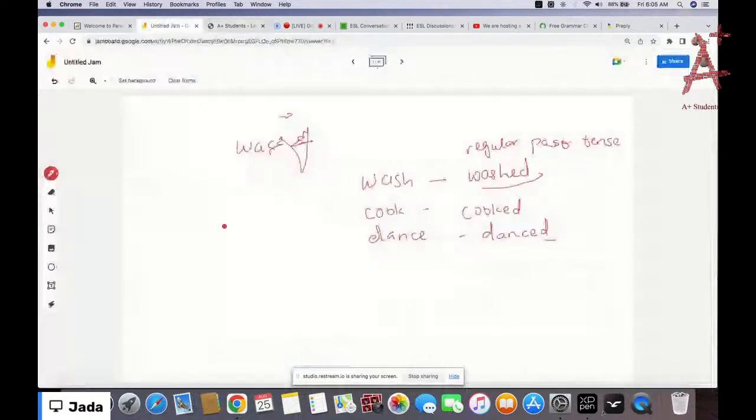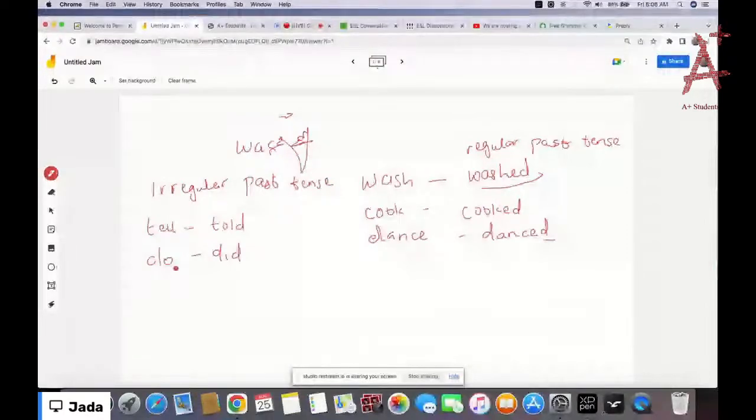I'll give you some examples for irregular verbs. This is how it's done. For example, you have tell, it is told. You have do, it is did.